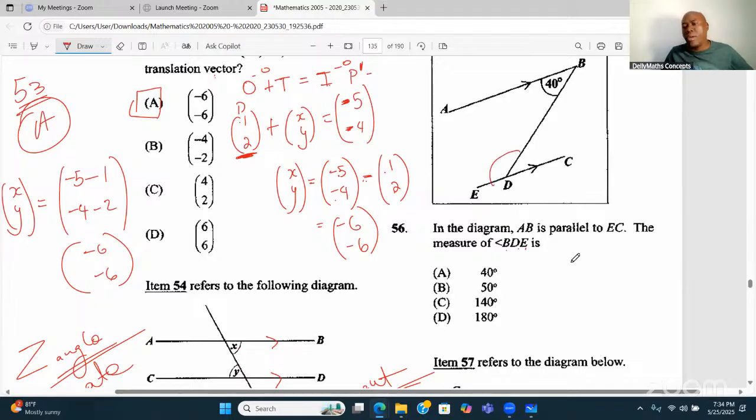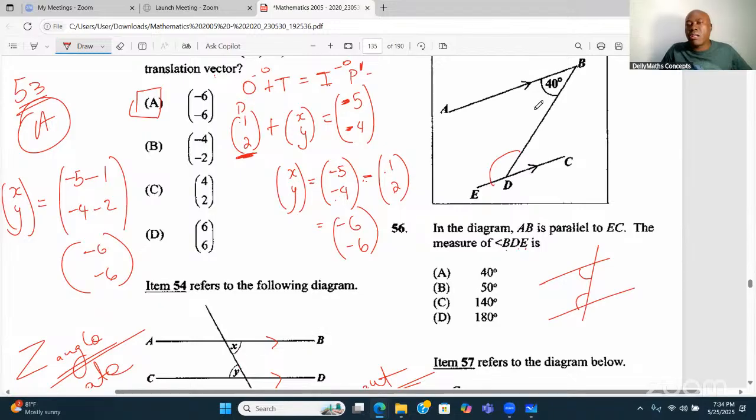Be advised that whenever you have two parallel lines cut by a transversal, two angles on the same side inside are always supplementary. They add to give 180. They're called co-interior angles. They're on the same side of the transversal, the lines are parallel, and they're between the parallel lines.